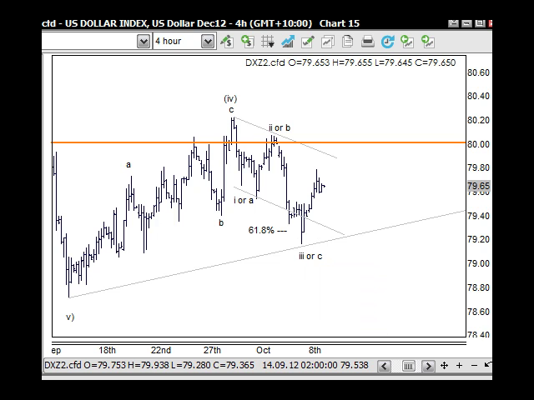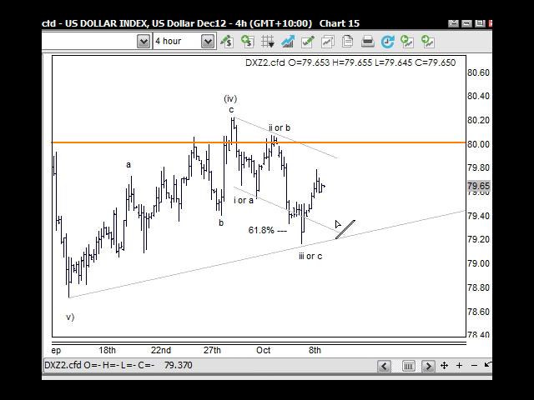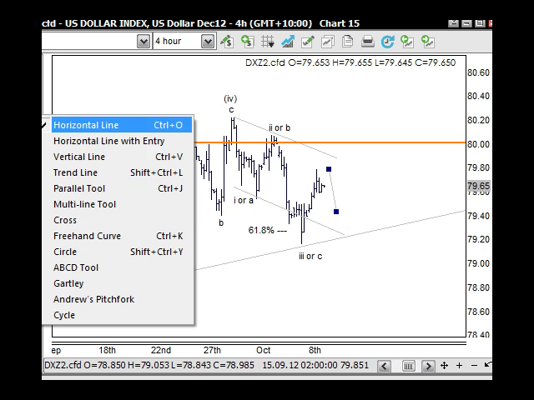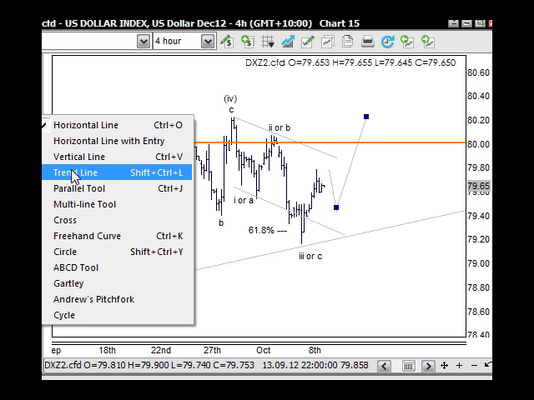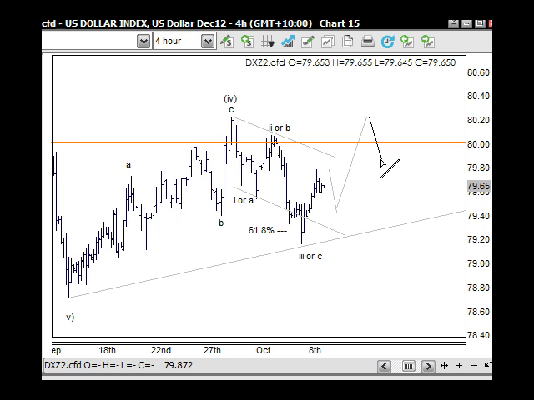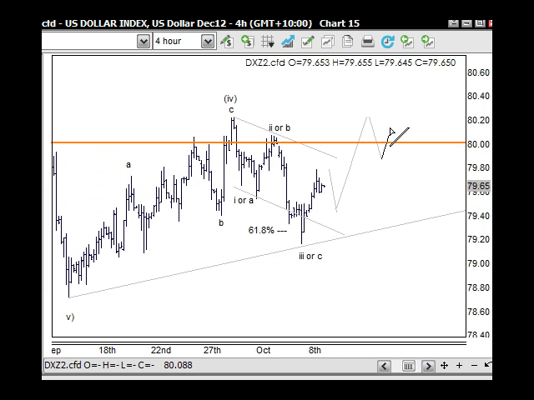If it's going to be the flat pattern, then we would be looking for 5 waves up. So we would have up for 1 here, back for 2 here, then up for 3 here, coming into here somewhere, and then a wave 4, which would be across the 80 there, and then we'd look for one more move to the upside.